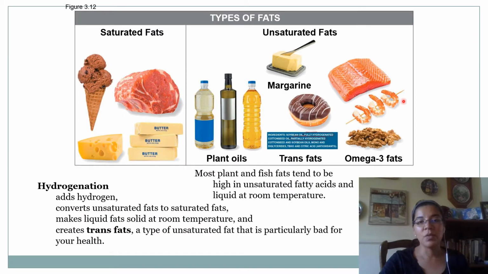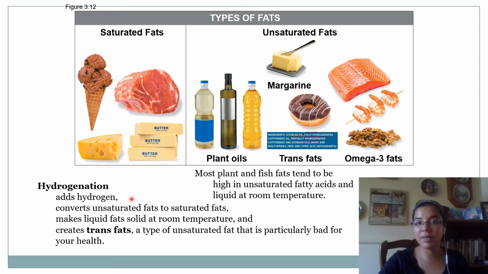Types of fat. We could break them down into the fats that we consume: saturated fats and unsaturated fats. Among unsaturated fats, we have margarine, trans fats, omega-3 fats, and plant oils. Saturated fats are the fat you find in marbled meat, fat you find in dairy and cheese, etc. Now, some of the oils can be made solid at room temperature by a method of hydrogenation.